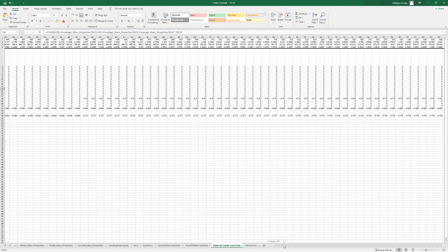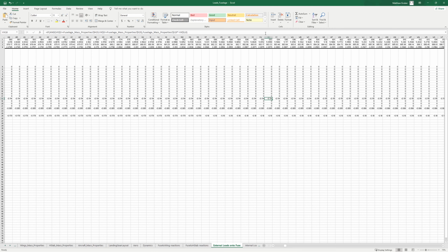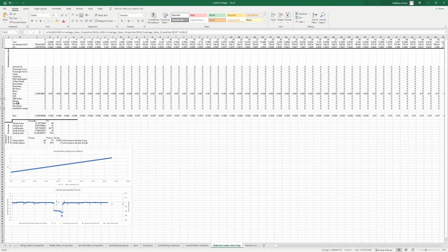And if we scale over, for instance, this is at 5 inches of fuselage. Here we have two components that are contributing. They are the limiter and the keel beam. So that's what all of these are. These are the distributed forces in pounds per inch of each of these components.